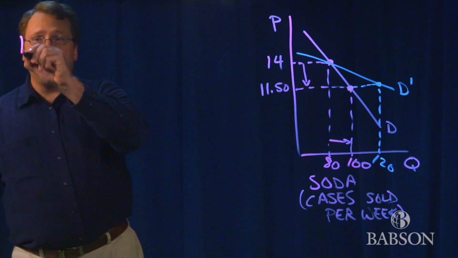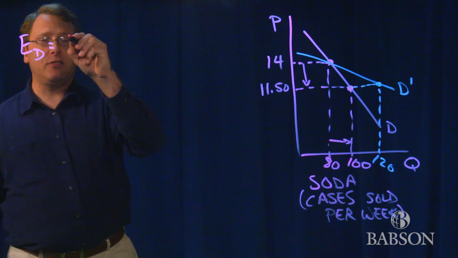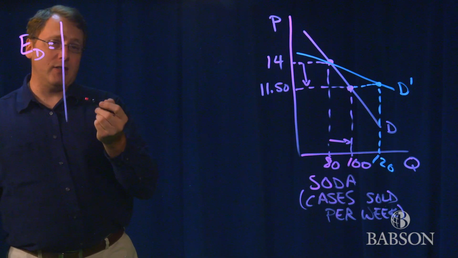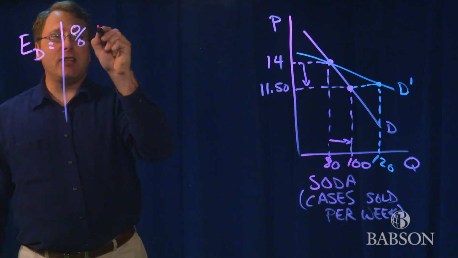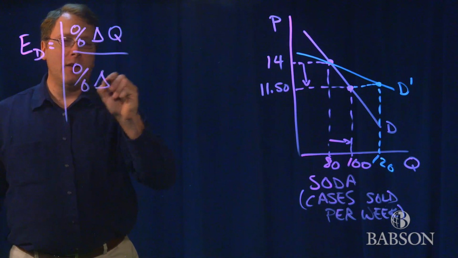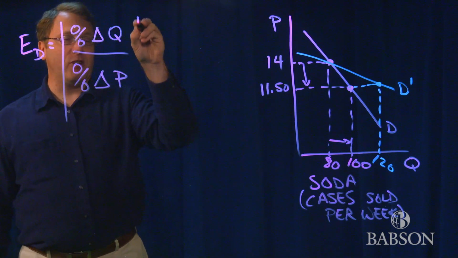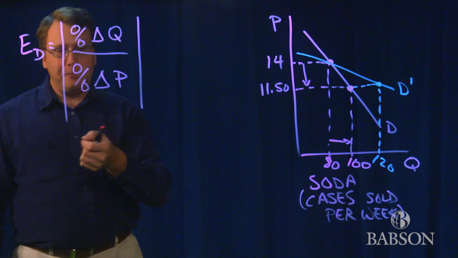We'll abbreviate this. That's a mouthful. And so the elasticity of demand, we're going to start with an absolute value. And then it's really the percentage change in quantity divided by the percentage change in price. And we're going to leave it as the absolute value.